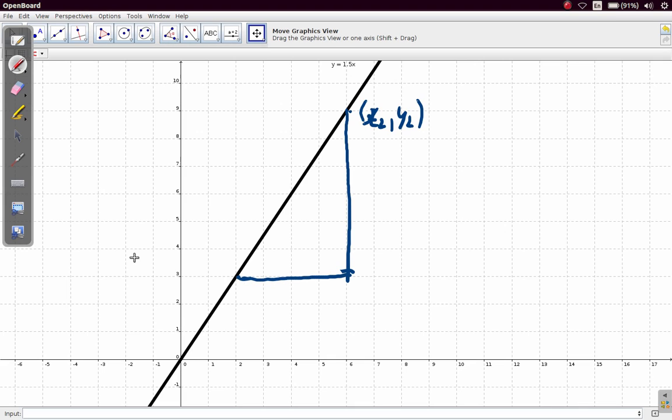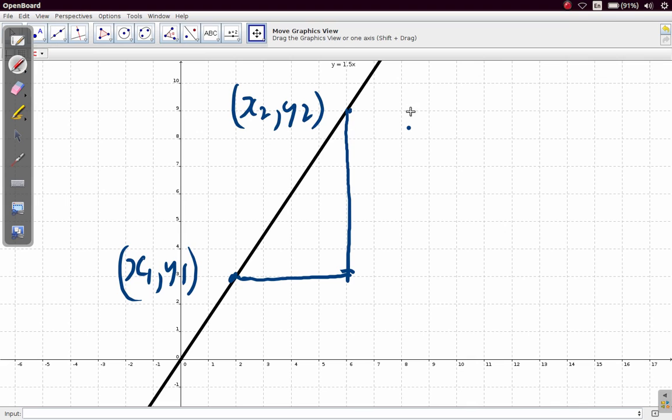The coordinates of this point are x1, y1. Coordinates of this point are x2, y2. So let me rewrite this. We have x2, y2. Now we will see that this height up here is our y2, and this down here is our y1.